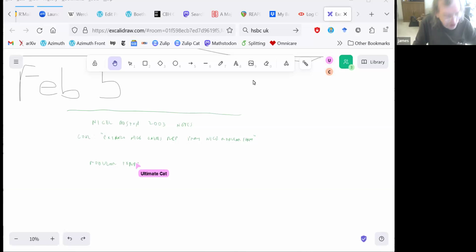And there is something that you could do with this modular form, which is that you could get a modular representation from it.